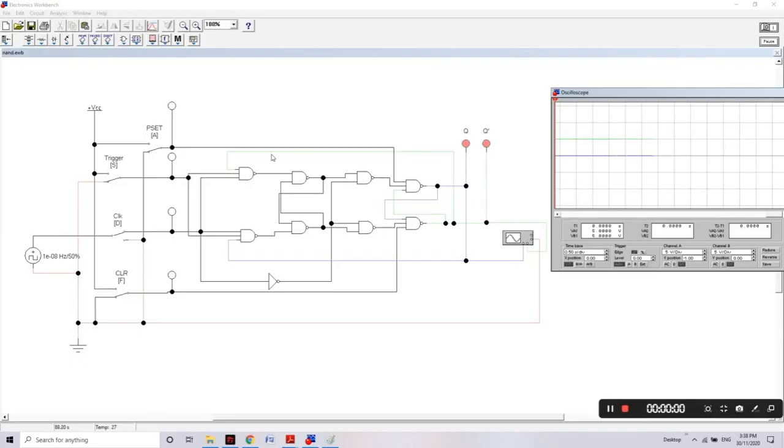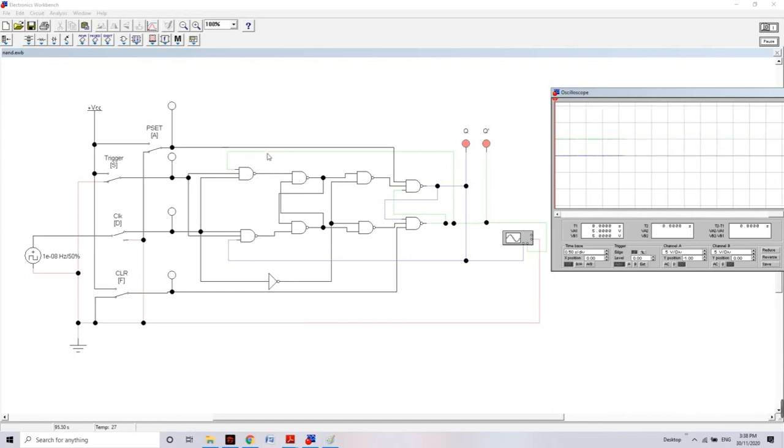So as you can see, this circuit is made up of NAND gates. This is the logic equivalent of the T flip-flop derived from the JK flip-flop. As you can see, this is also a master-slave JK flip-flop. However, we have some additional parts like the preset and the clear.